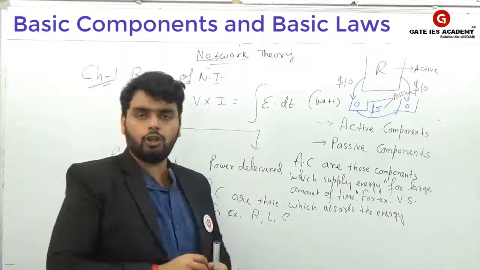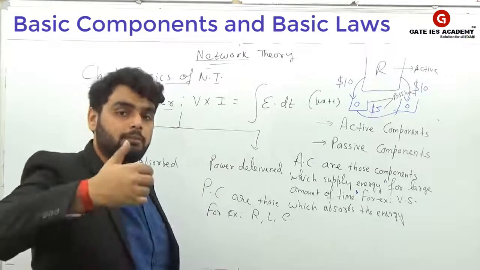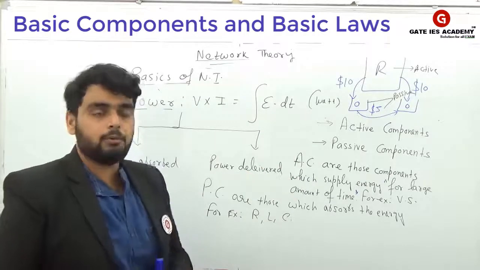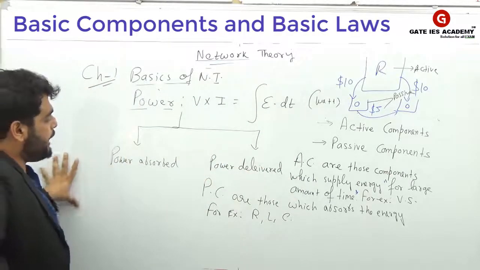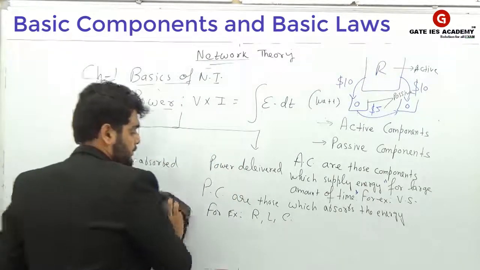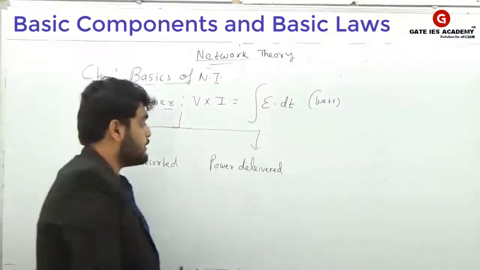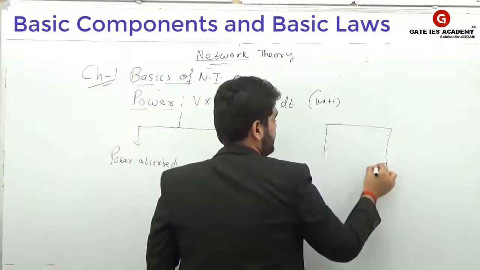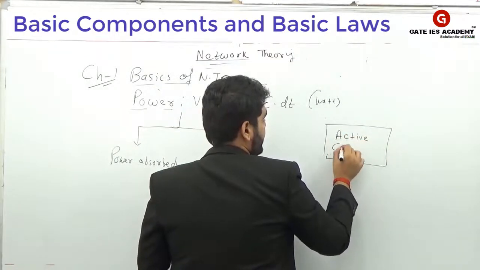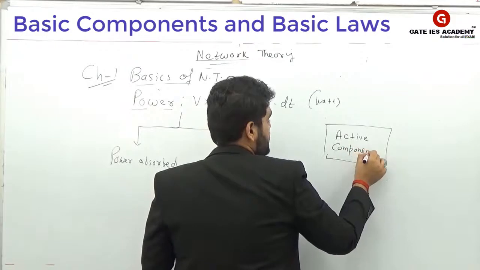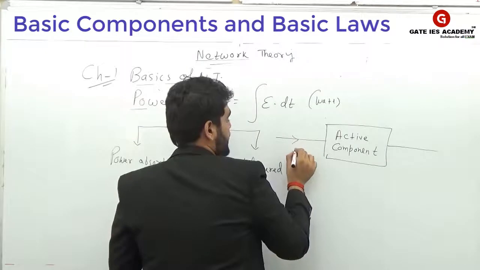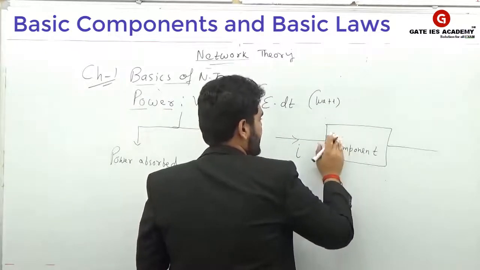So we will talk about passive and active in much more depth. But right now you have to understand these two types of components, because we are going to define how we can identify absorption and delivery. Okay. So I'm just erasing this one. Suppose I have one component. Okay, not active, I can take any component.